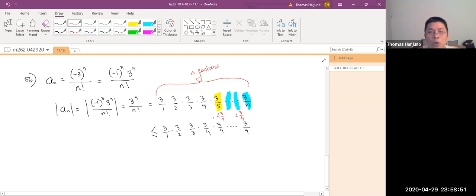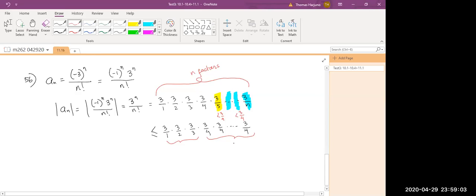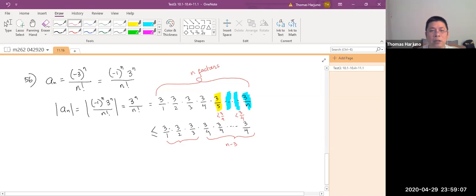So if I take the first three away, how many factors do I have here? N minus 3. And this part here will be 9 over 2, right?